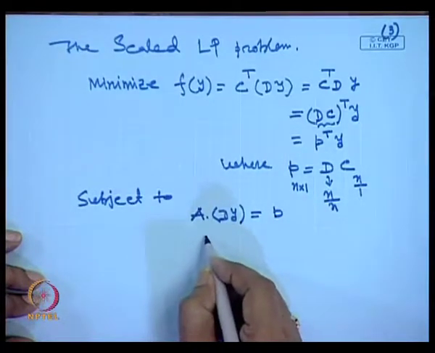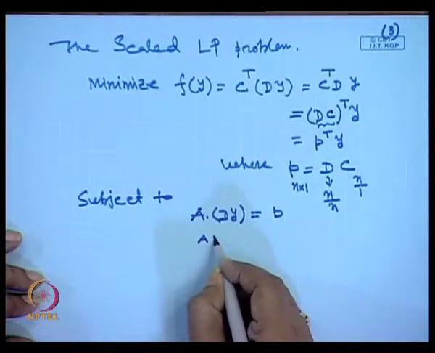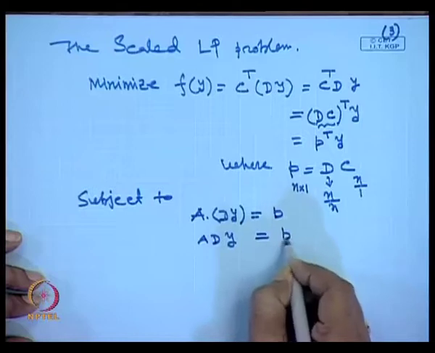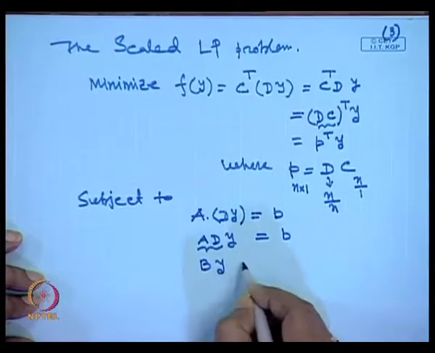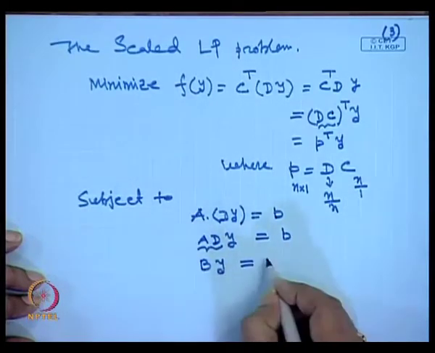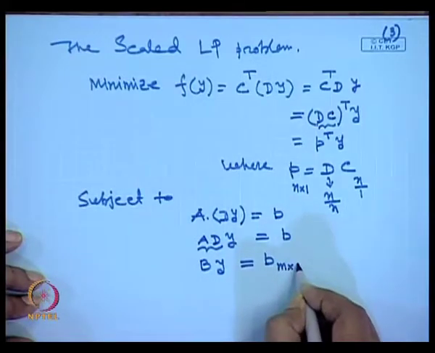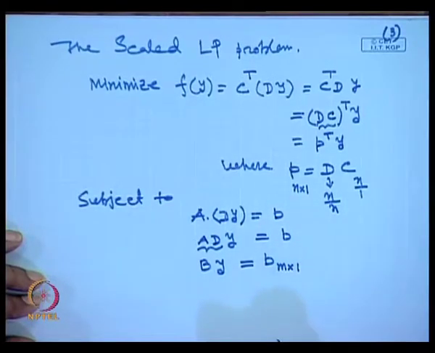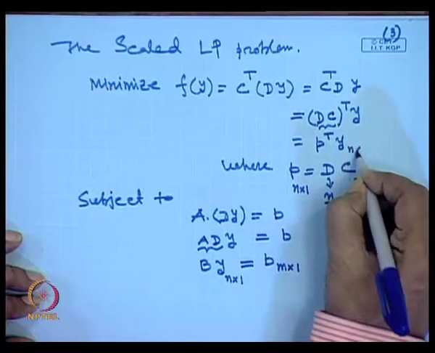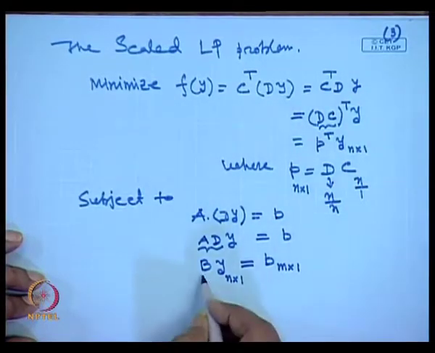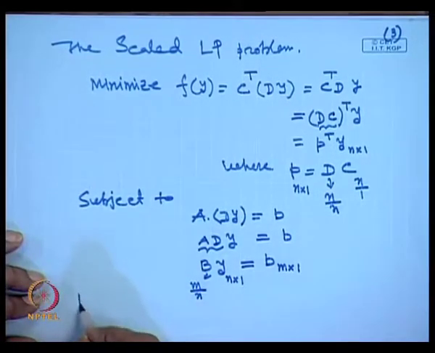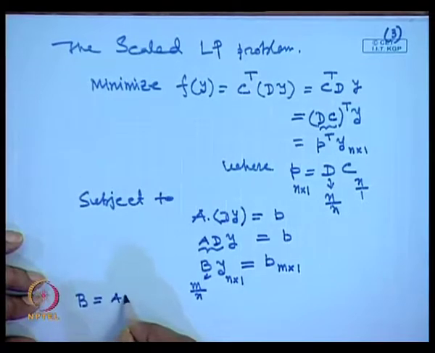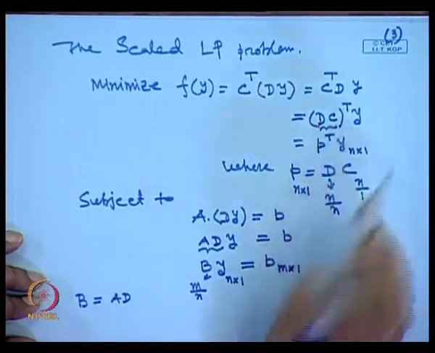So, now we can write A into D y equals b, then I denote A into D as capital B, so B into y equals b, and that dimension is m cross 1. And the y dimension is n cross 1, here also n cross 1, and the B dimension, naturally, is m cross n. So, our B is equal to A into D and P is equal to D into C.